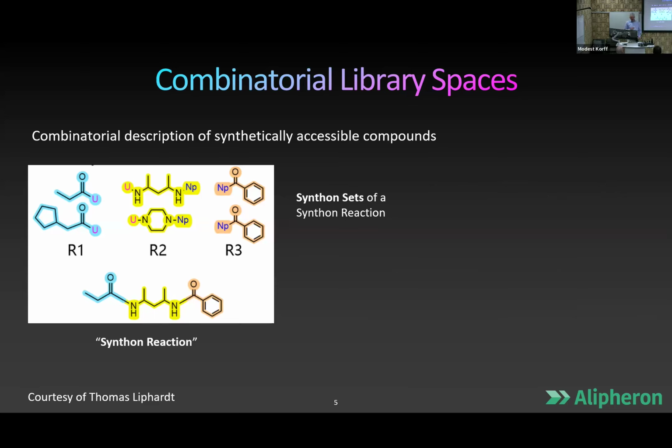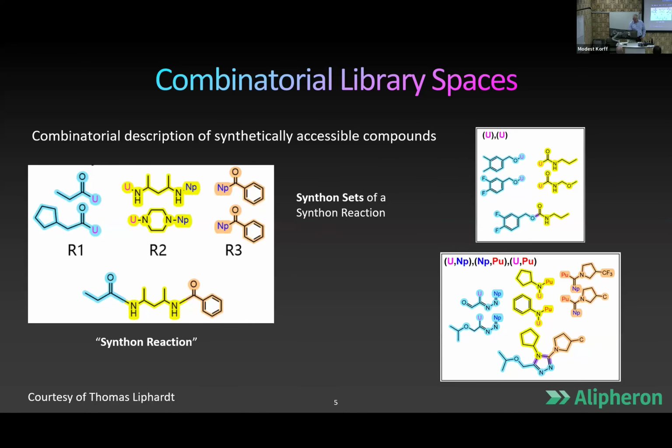Yes, you see here that the reactive part of the molecules is replaced with uranium and transuranium atoms. And this makes it then quite easy to perform a synthetic reaction, a virtual reaction in the computer. And the whole set of a synthon reaction, so this means the reaction rule and the synthons, the components of the reaction, so two or three components usually, they define the combinatorial library space.